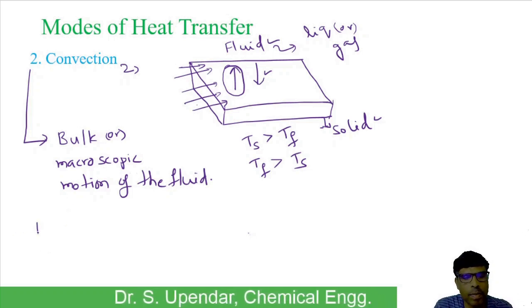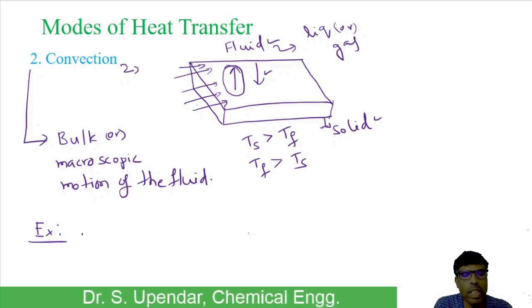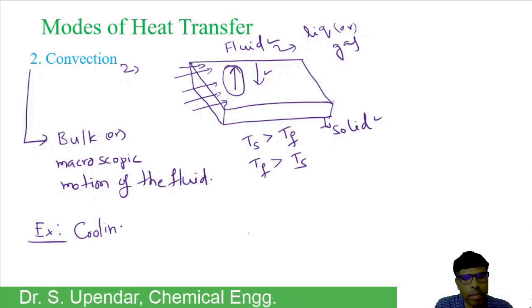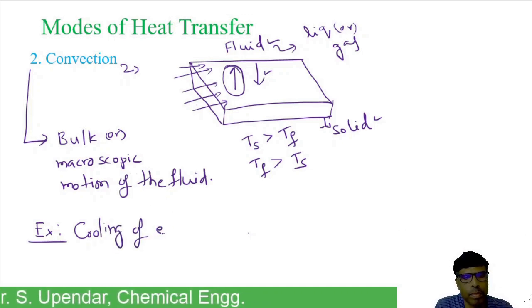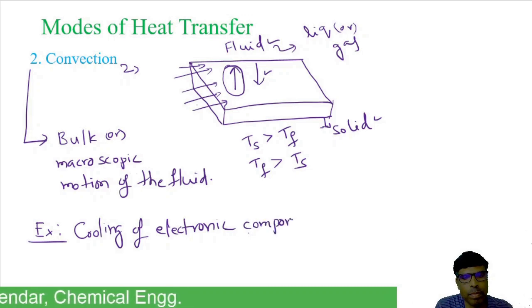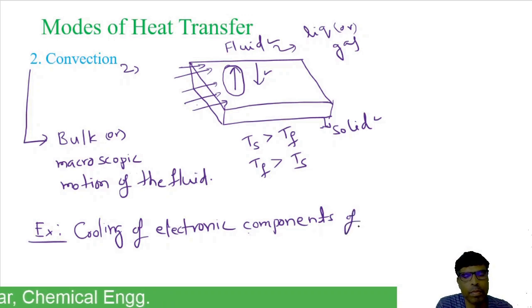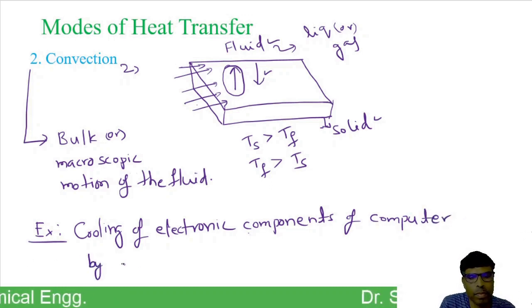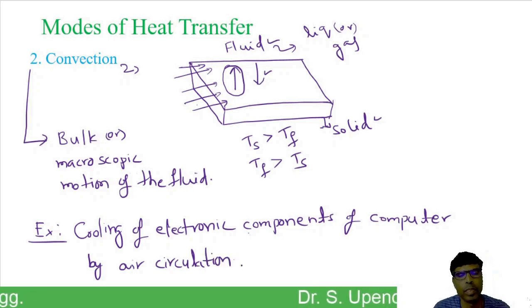Example for convective heat transfer is cooling of electronic components of computer by air circulation. Finally, we can understand that while being convective heat transfer, we can find the movement of the fluid, and heat transfer can be either from solid surface to fluid or fluid to solid surface.